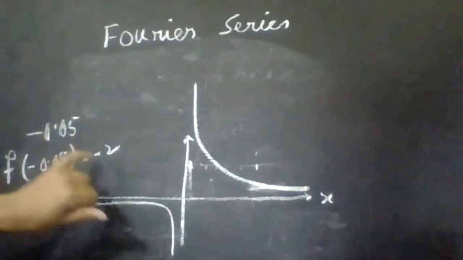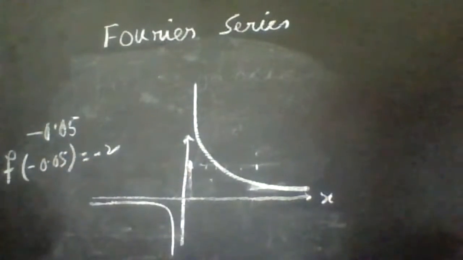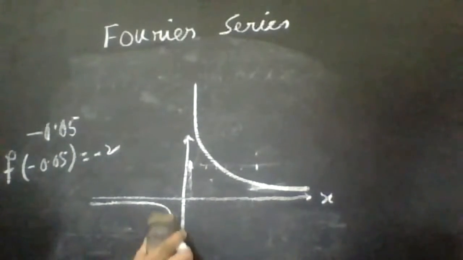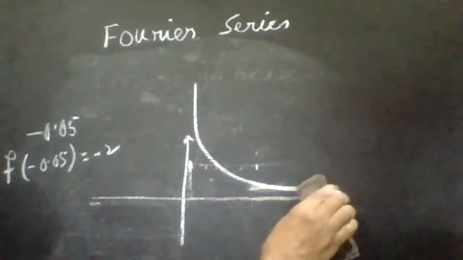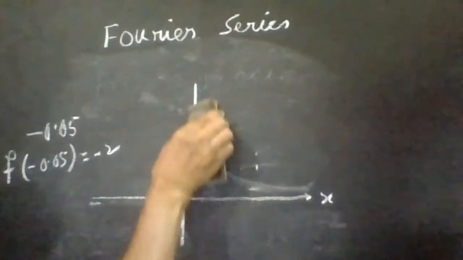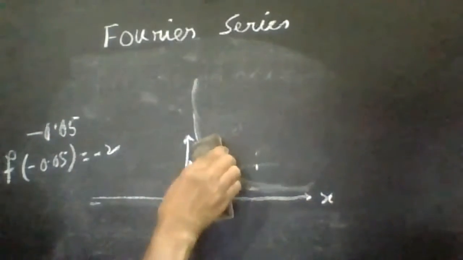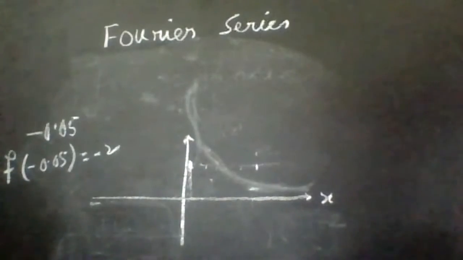So you can see that this type of discontinuity will be called infinite discontinuity. Now let me move over to a peculiar case where left hand limit, right hand limit are all equal, but still the function is not continuous.